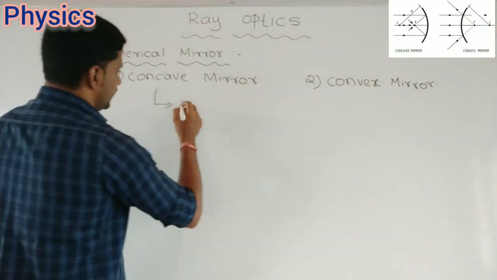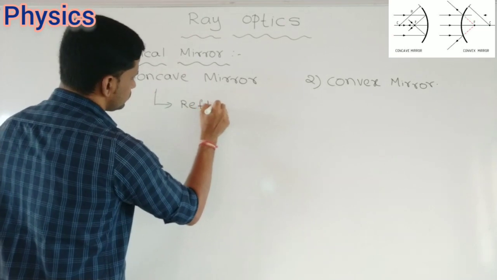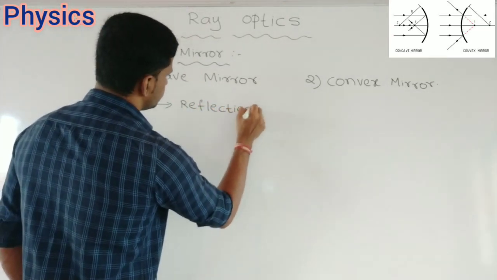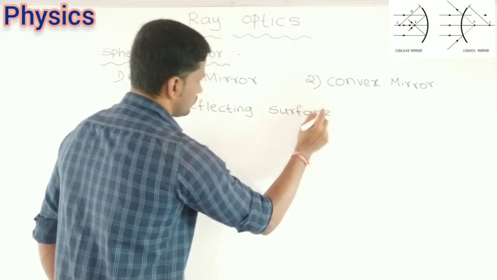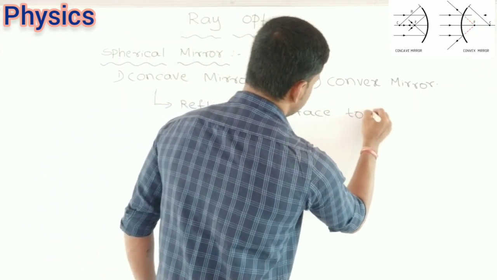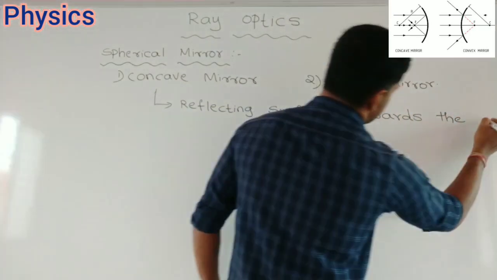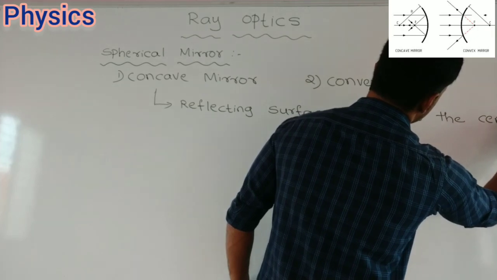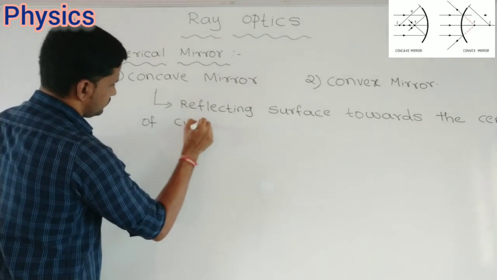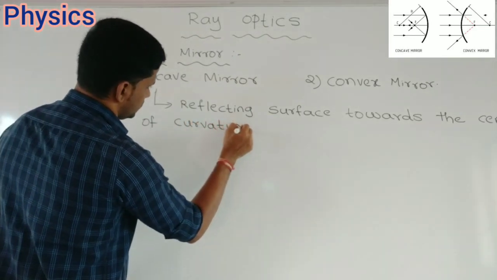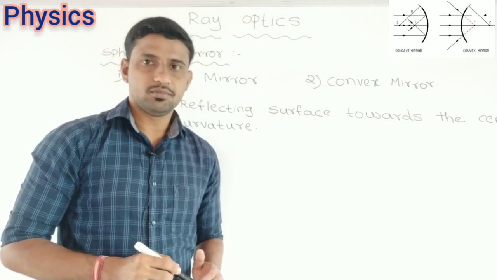So a concave mirror is a part of the hollow sphere whose reflecting surface is towards the center of curvature. That is called a concave mirror.